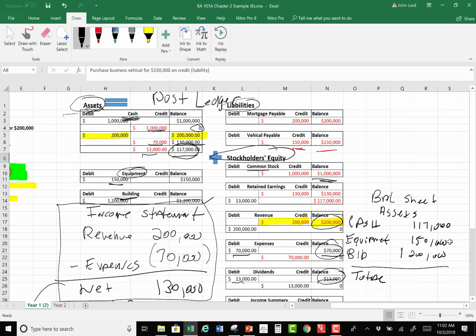This is the part where you want to use a calculator, guys. I don't know what the total is. In accounting, you need to be used to adding numbers up. 170,000 plus 150 plus 1,200,000. Huh? 1 million what?